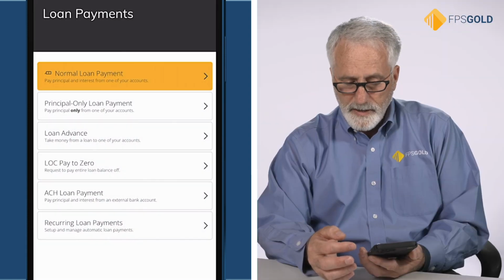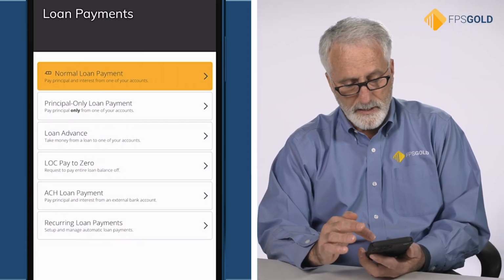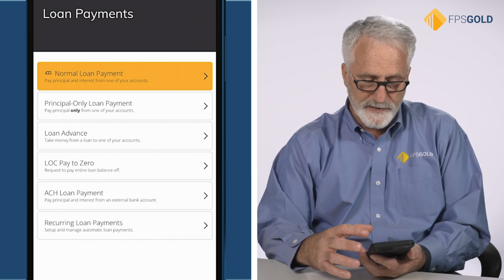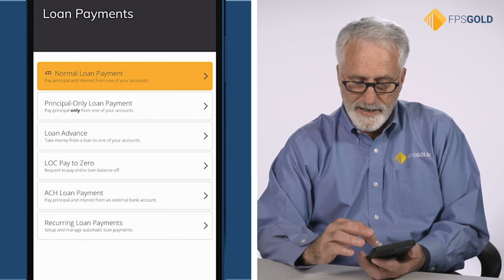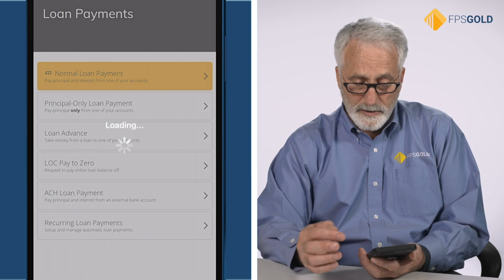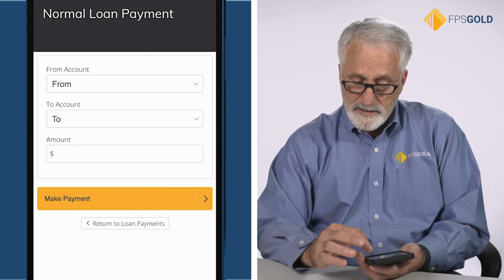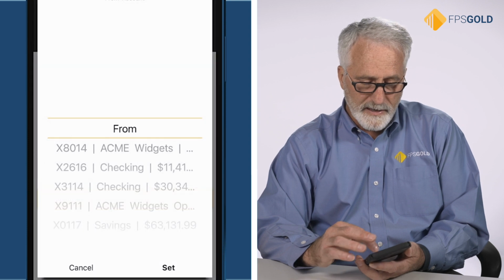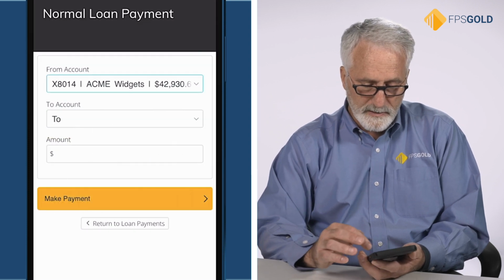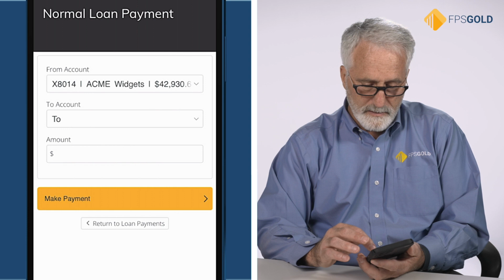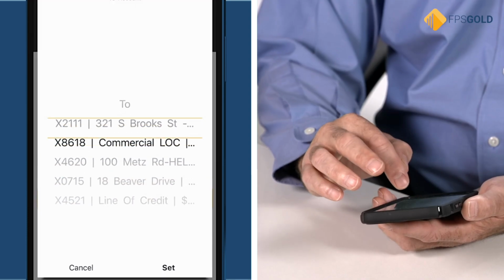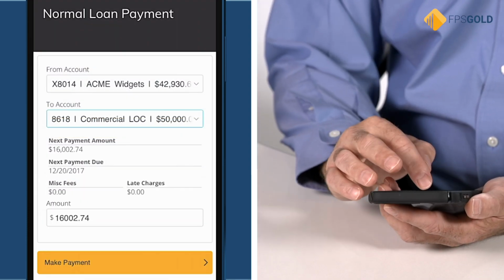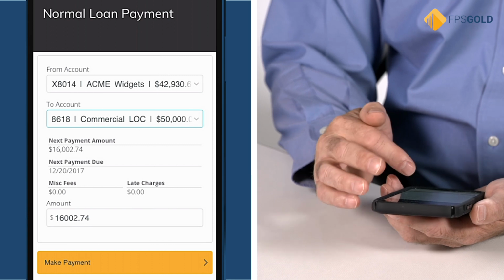A very popular item is to make a loan payment. Again, notice that in that feature set, we highlight the most popular action. So making a normal loan payment, and again, it's a similar process. I select the account I'm paying from. I select the account that I'm wanting to make the payment on. And then I indicate the payment amount.